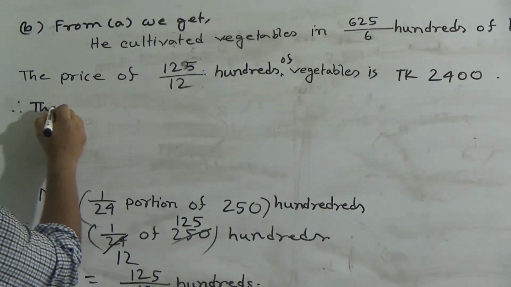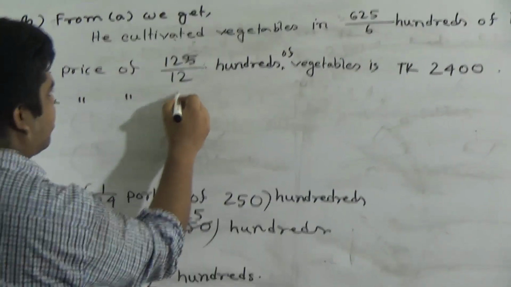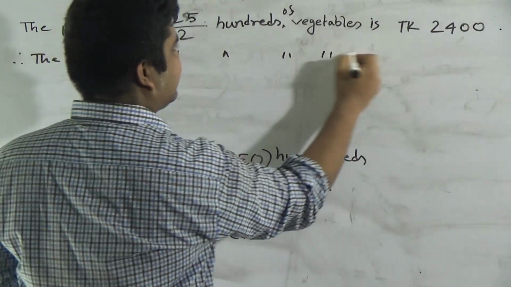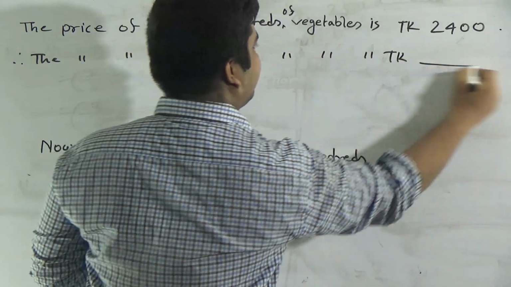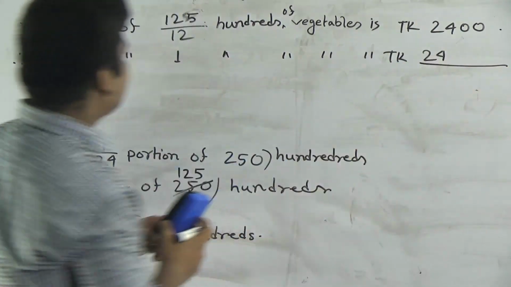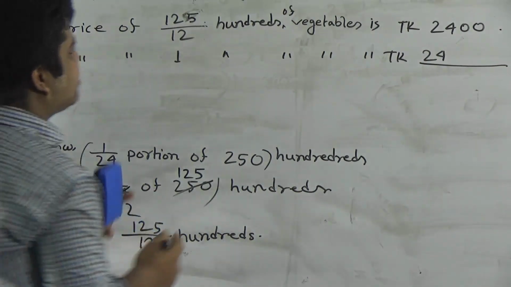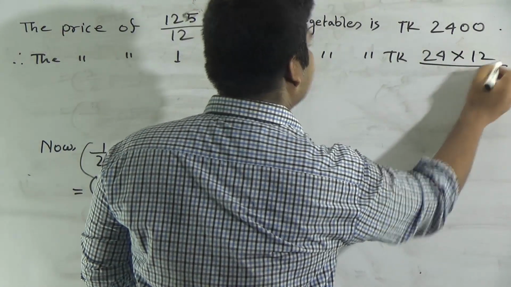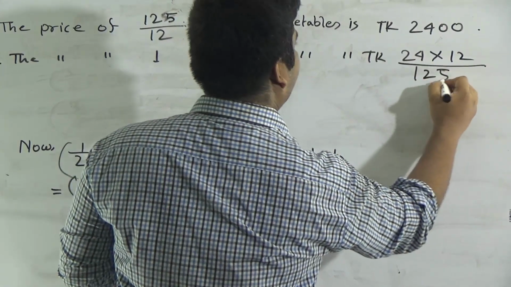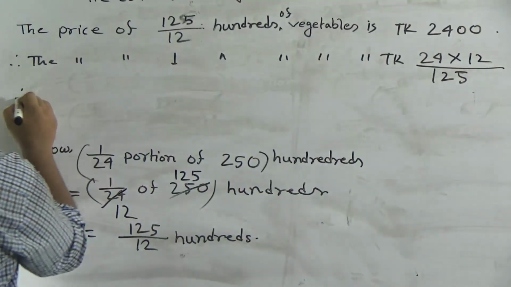Now the price of 1/100 of vegetables is taka... Notice, as once, so we do division. So 12 divided by 125.